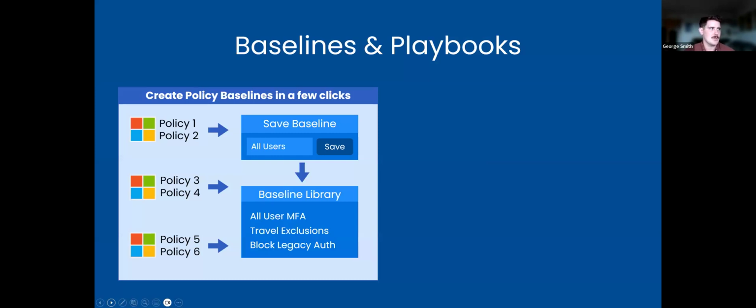Being able to create these policy baselines within a few clicks, bundling different policies together, saving it, and then having this baseline library that you can rapidly deploy out. Robbie, anything else you want to add to that?